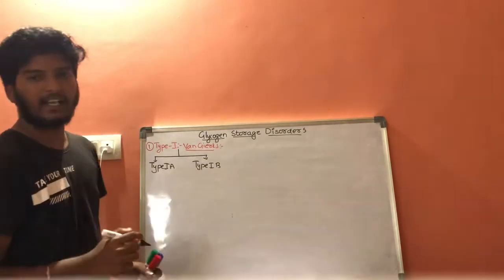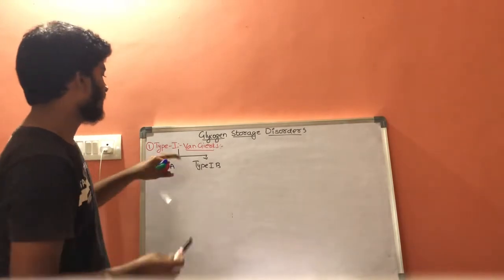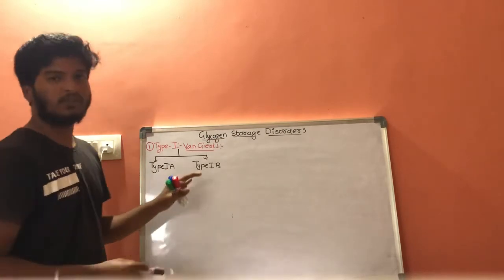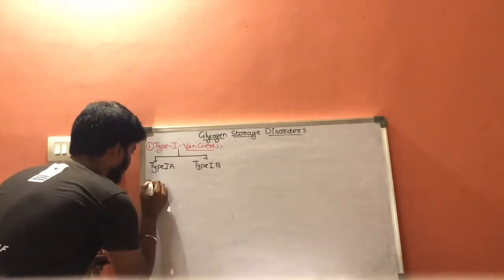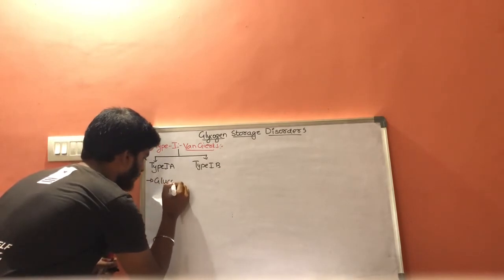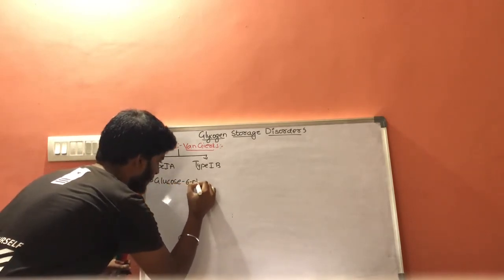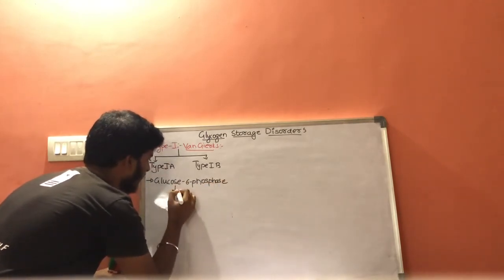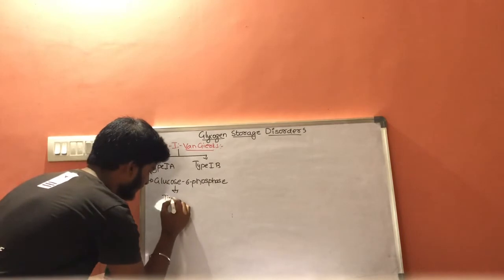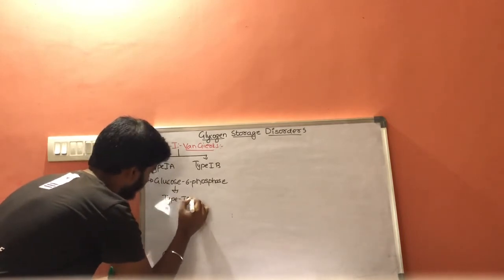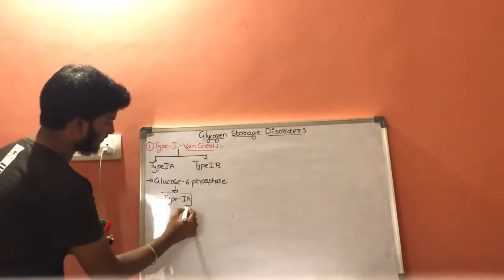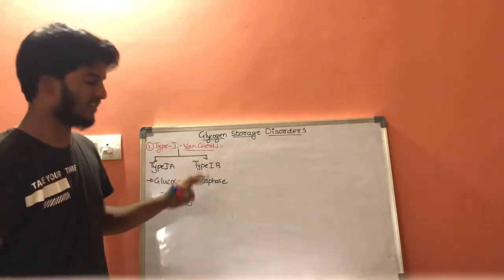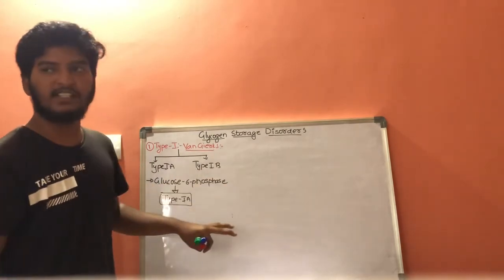Von Gierke disease type 1A is caused by deficiency of the glucose 6-phosphatase enzyme.